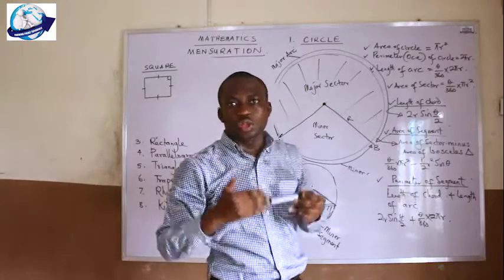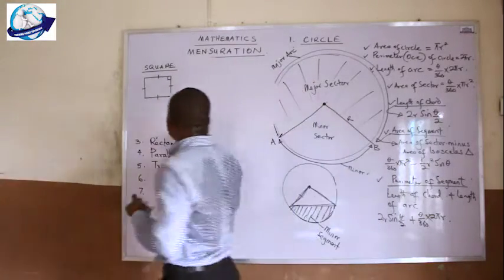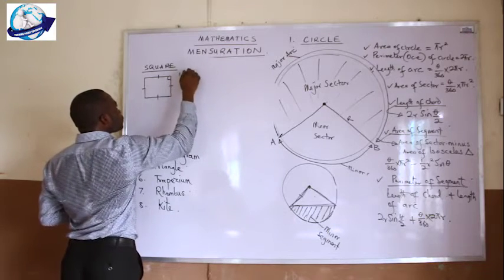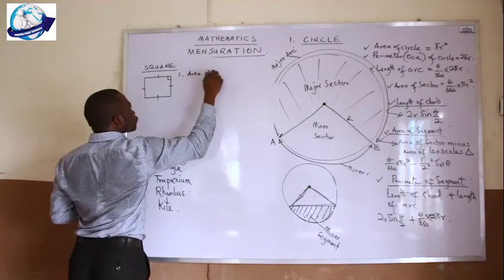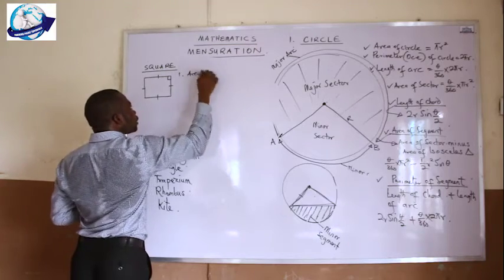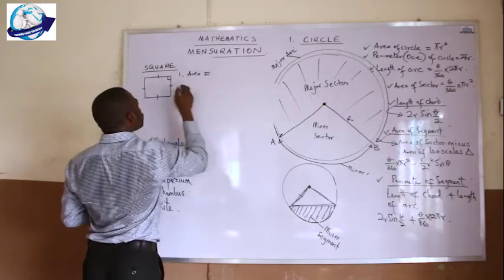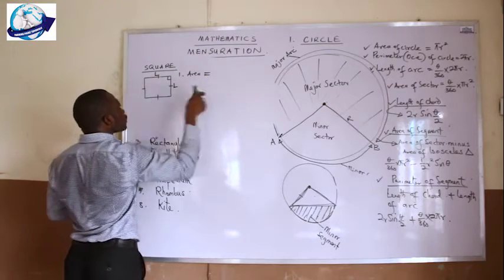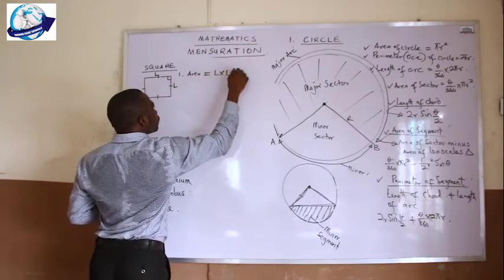Okay? So now what formulas do you need? Simple formulas like this. Look at the area of a square. Since all sides are equal, this side is equal to this side. So it's two-dimensional. Length times length will give you L squared.